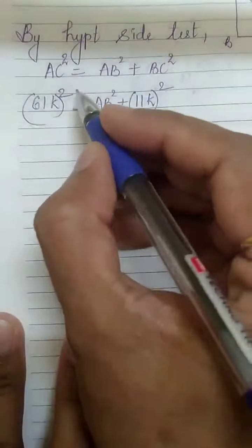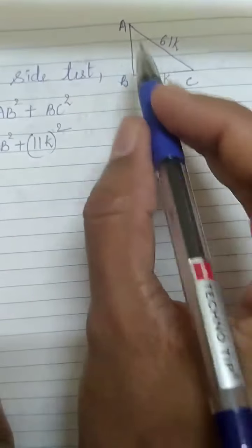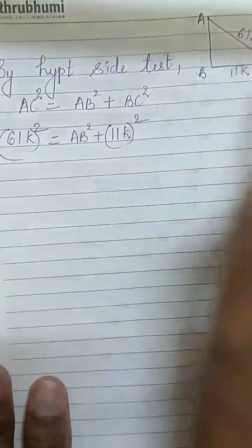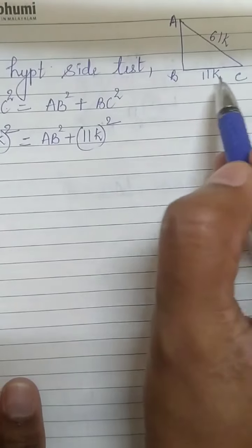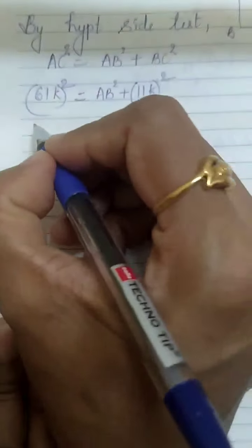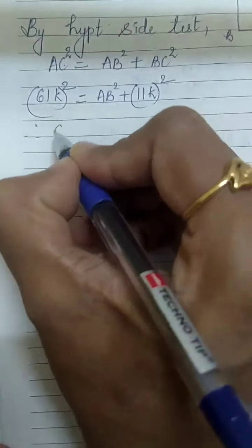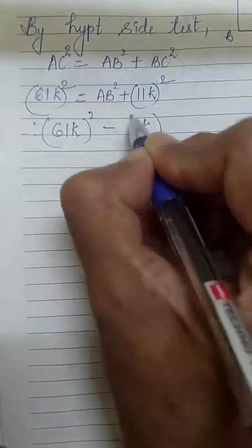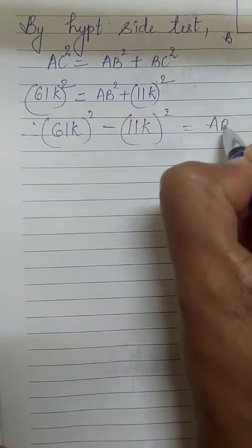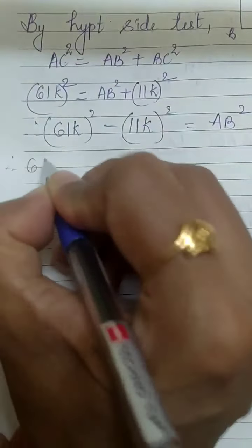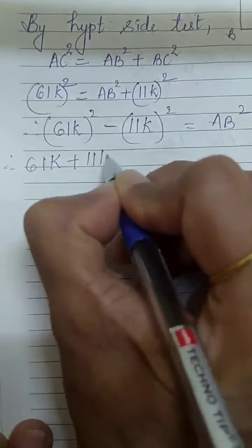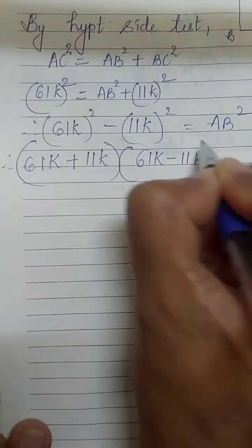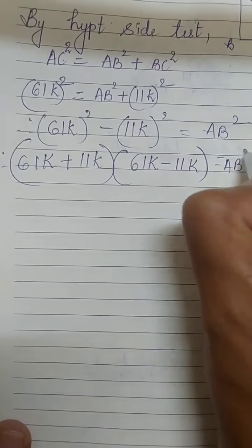So by hypotenuse side test, AC square is equal to AB square plus BC square. I have written AC 61K the whole square. AB we don't know. BC is 11K the whole square. So therefore 61K the whole square minus 11K the whole square is equal to AB square. 61K plus 11K into 61K minus 11K is equal to AB square.